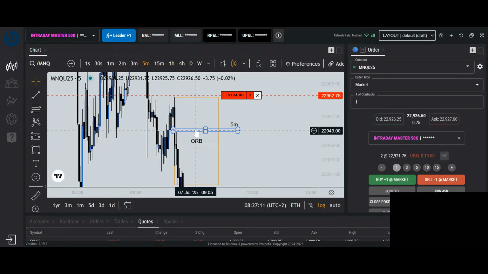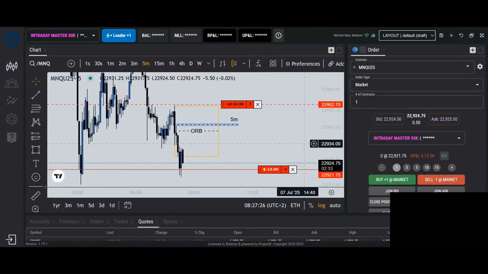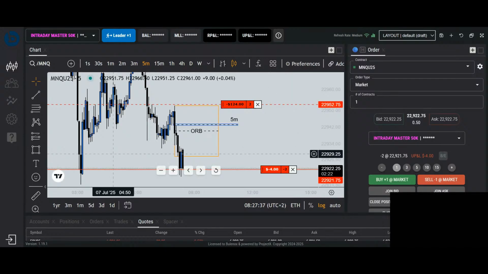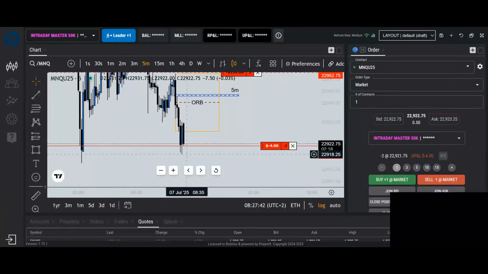You can actually retrace to this. And the next 2 minutes and a half, I prefer to see us go lower here.